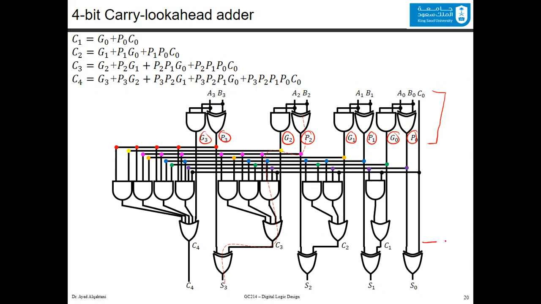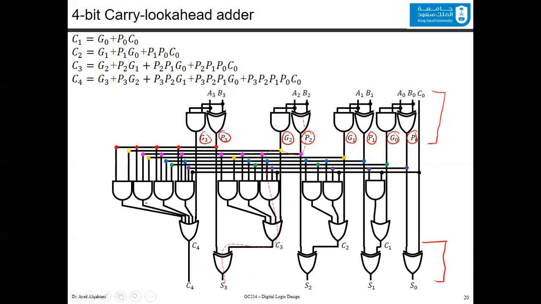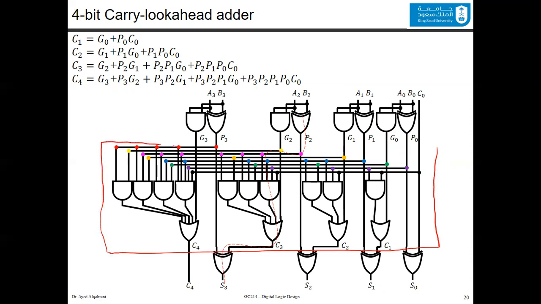The last stage here has only XORs to generate the sums based on this equation. The sum Si is the propagation XOR with the Ci. Now the job of the carry look-ahead addition, or to be honest, any other type of adder, is what's happening here. What's happening inside.